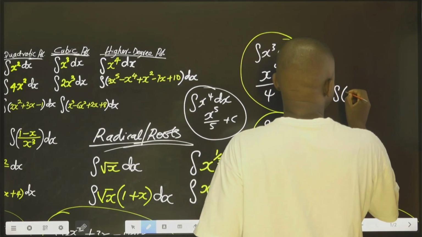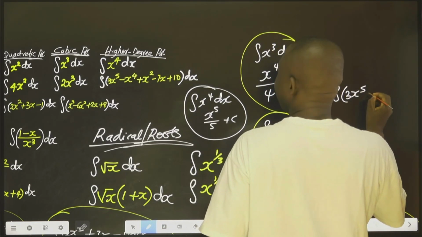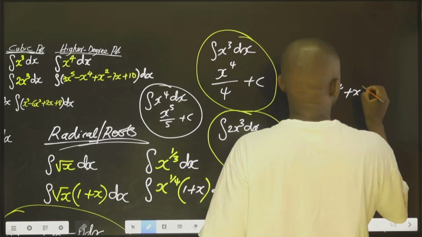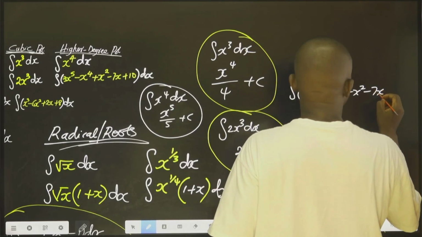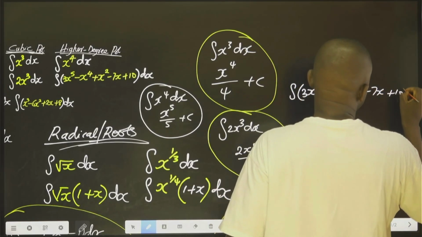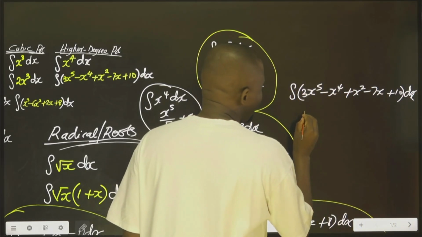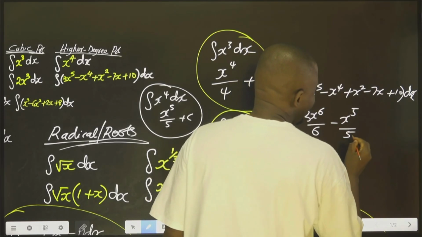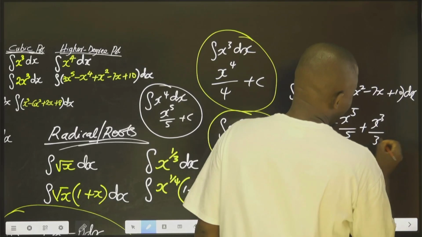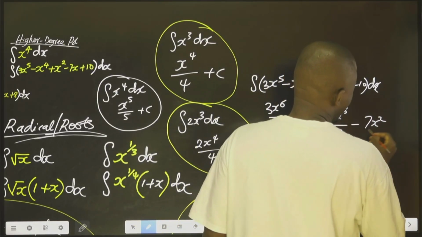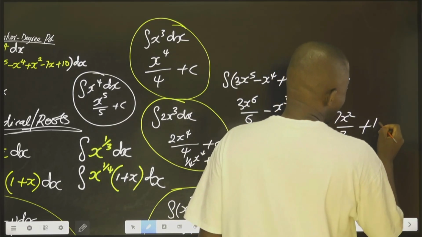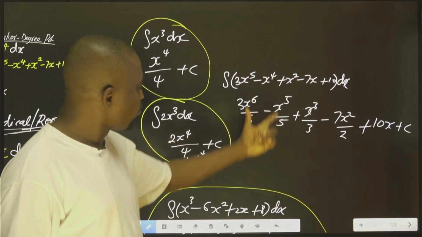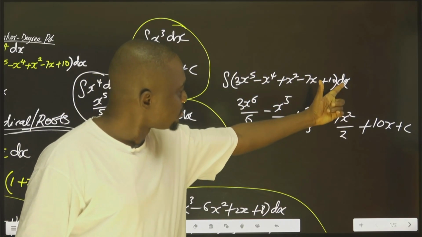That is the integral of 3x⁵ − x⁴ + x² − 7x + 10 dx. This one, straightforward. 3x⁶ over 6 minus x⁵ over 5 plus x³ over 3 minus 7x² over 2 plus 10x plus C. You can see here, just add 1, add 1, add 1, add 1, put x.